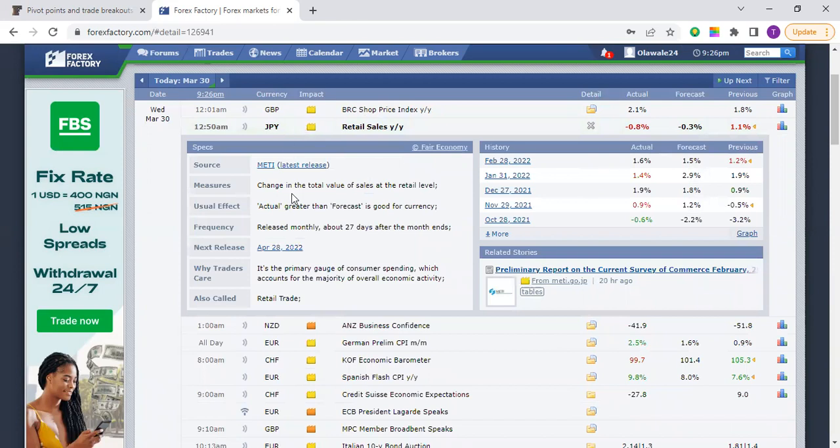Although it is a medium news, nobody can actually tell us. So the kind of news we should be scared of, it is low impact news. I think it is low. Yeah, it is low impact news, but it actually makes the market move very fast. So this is the news that affected this trade.